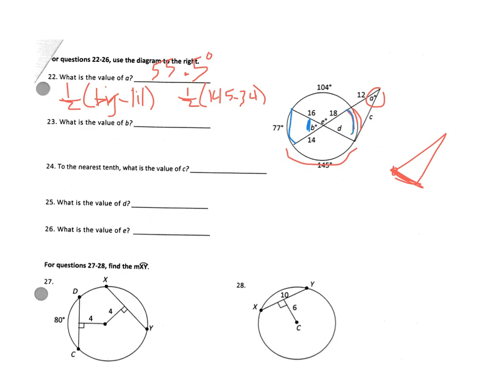So angle B will be 1/2 of arc plus arc, or 1/2 of 77 plus, we found that other arc over there to be 34. So B is also going to be 55.5.